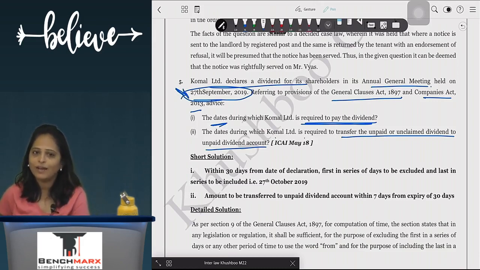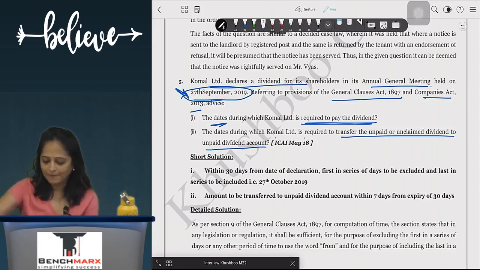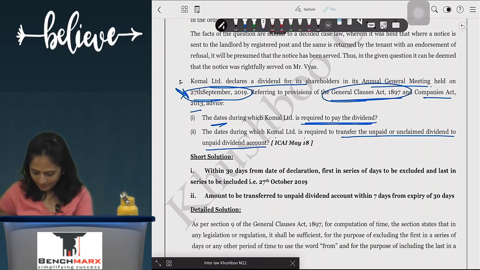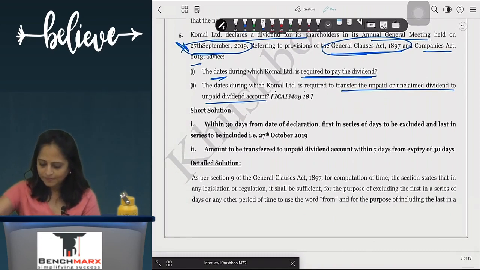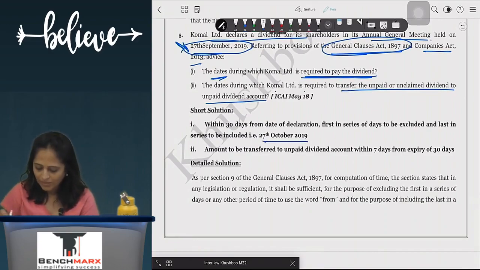You will have to write that, because they have mentioned as per the provisions of General Clauses Act. As per General Clauses Act, when you are calculating, exclude the first in the series of days, include the last, then you will get the marks, and then of course give the correct date. 27th is to be excluded and the last day of the 30 days to be included.